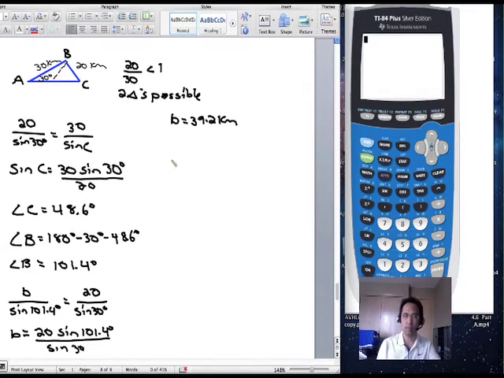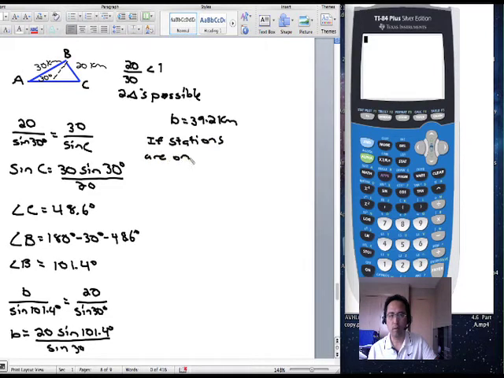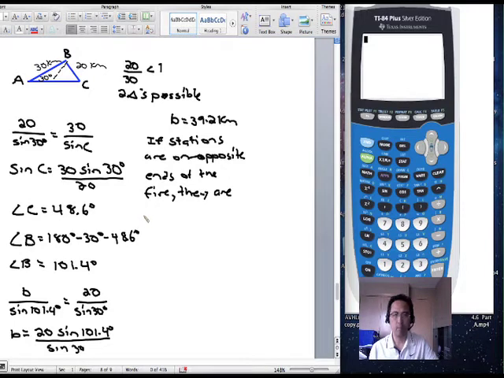Well, what does that mean? Okay, well, let's make a little sentence here. If stations are on opposite ends, oops, sorry about that, of the fire, they are 39.2 kilometers apart.